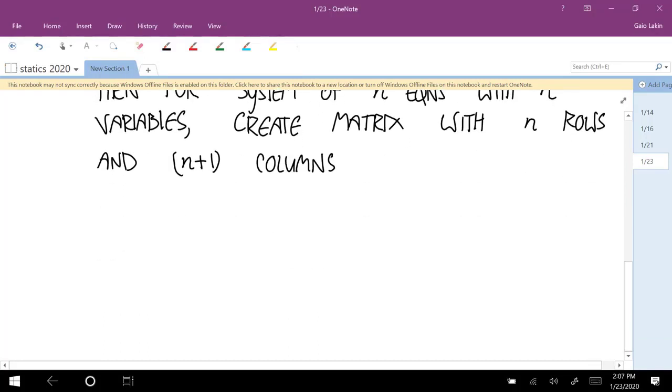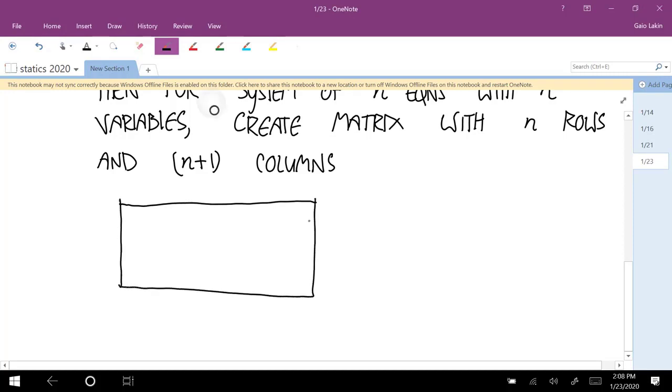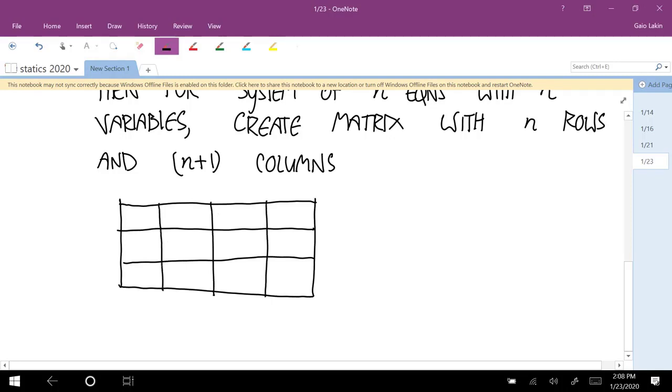Okay, so the system that I made up above had 3 equations for 3 variables. So we have 3 rows and 4 columns. Okay.